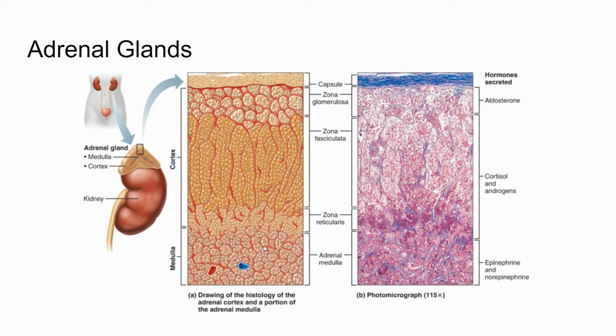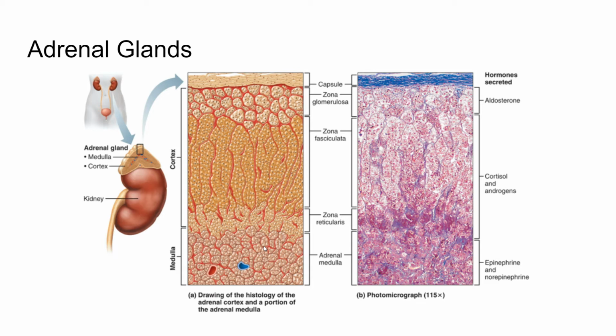And so the cortex synthesizes several different hormones. The adrenal medulla is responsible for the sympathetic nervous system. And so you think about the parasympathetic and the sympathetic systems going back and forth.